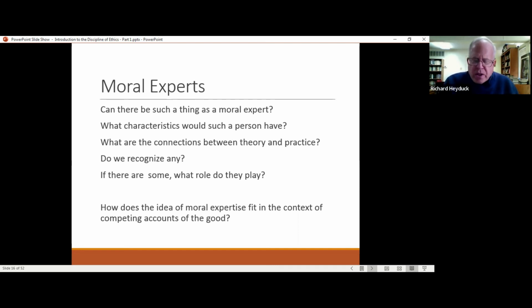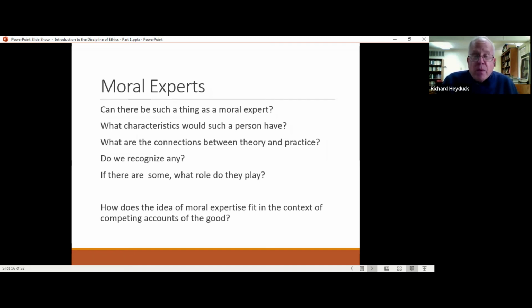What characteristics would you rank most highly in a moral expert? Are there any people in the world that strike you as members of that category? You take this person or these people as experts in morality, what effect do they have on the world around them? Maybe even on your life. If ethics is the inquiry into the nature of the good life and how to achieve it, one of the things we notice quickly is that there is more than one conception of the good life.